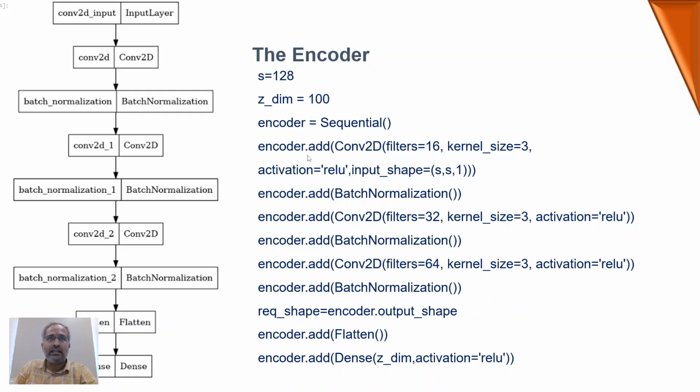We create the encoder as a sequential model, and we add the layers one by one: Conv2D with ReLU activation, then batch normalization, Conv2D, batch normalization, Conv2D, batch normalization. Finally, we go with the flattening layer and then a dense layer with the representation vector size, and the activation is ReLU.